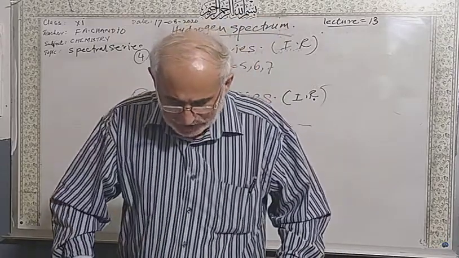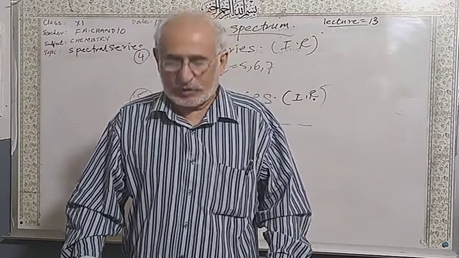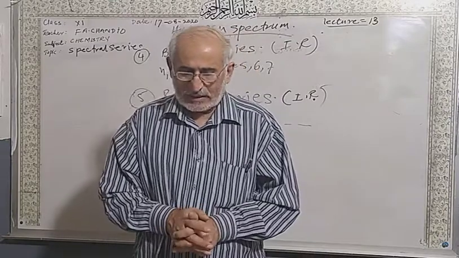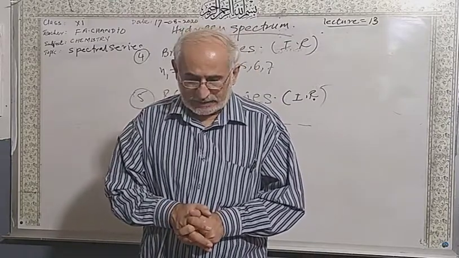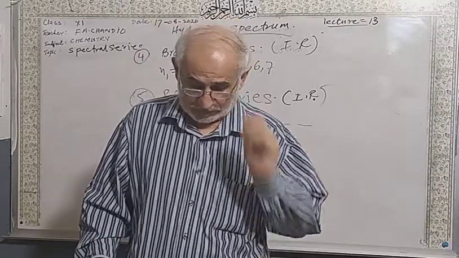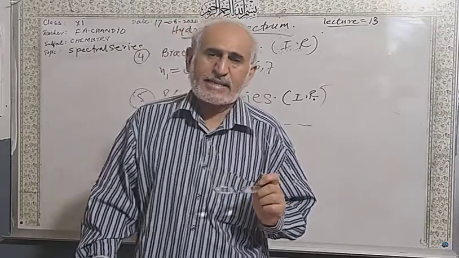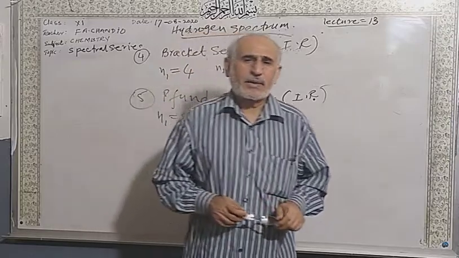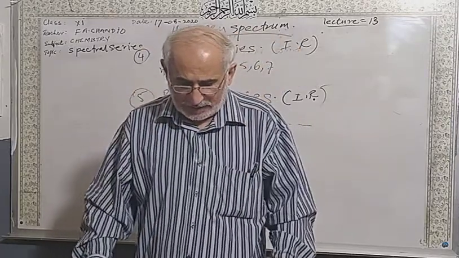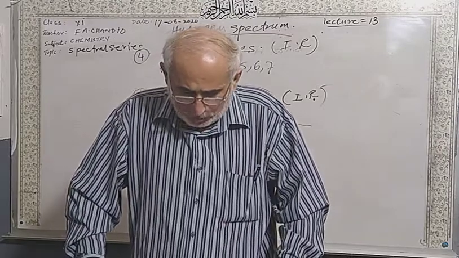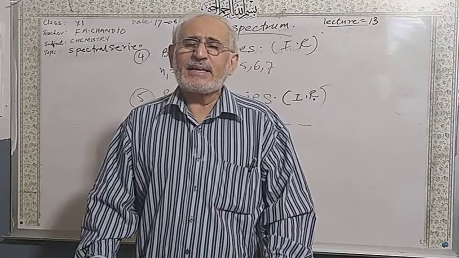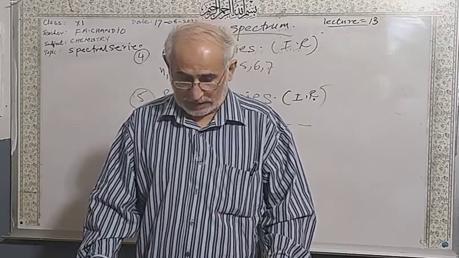Explanation of the hydrogen spectrum on the basis of Bohr theory. The first spectral lines were discovered in 1887 by Lyman and Balmer, and no satisfactory reason became available till 1913.